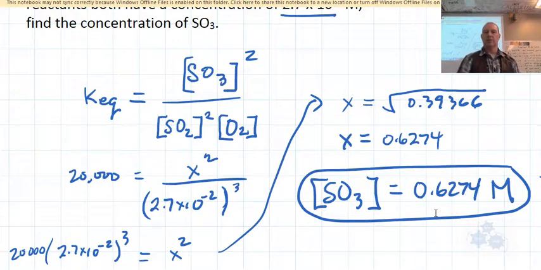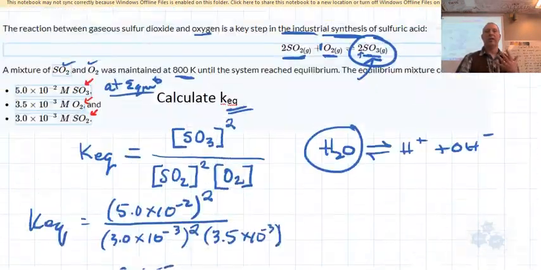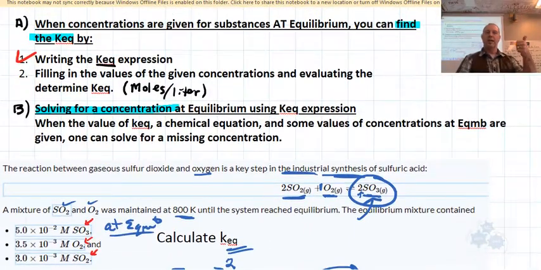And here's your answer. Make sure you use your square brackets, meaning concentration, and make sure you have your units there, moles per liter. Going to 4 decimal places is always safe. So that's the second part that you have to do. This is just an initial look at using KEQ expressions to find KEQ and to solve for an unknown concentration.